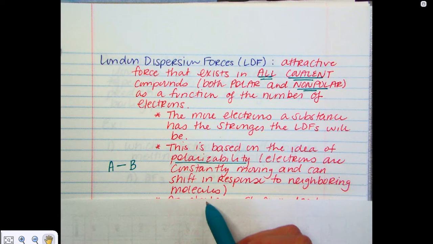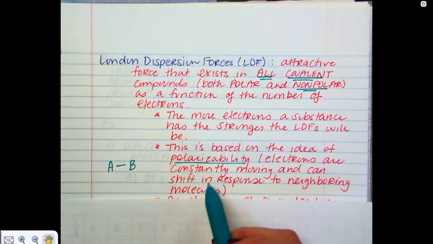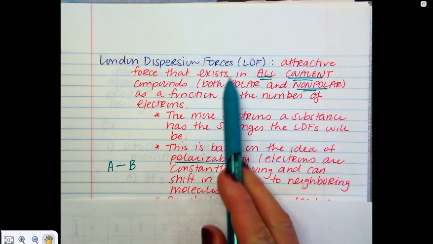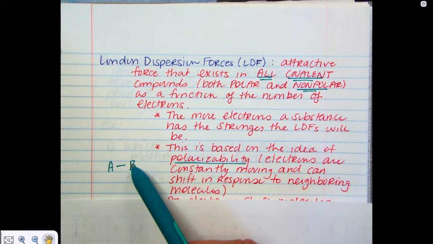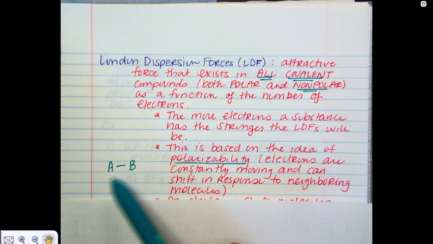And because they're constantly shifting, the more electrons I have, the more this comes into play. Something with 200 electrons is going to have stronger London dispersion forces and stronger partial negatives and partial positives than something with only 10 electrons, right? The force of 200 electrons is greater than the force of 10.